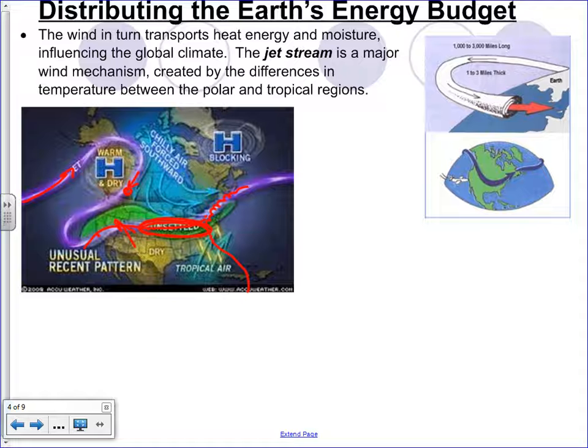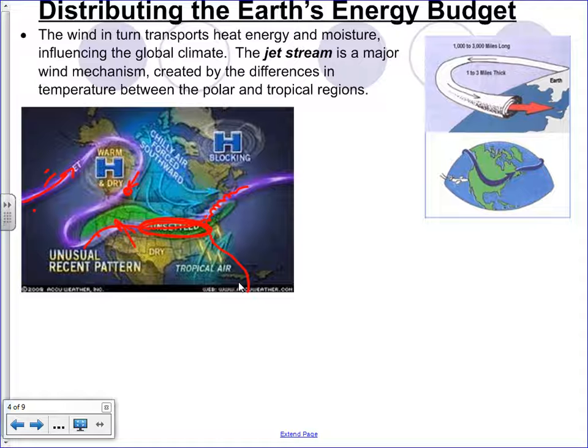So anyway, the jet stream, because of its wicked and almost unpredictable movements, can really cause exchanges of energy, because it's going from hot to cold and then back to hot, and it's always bringing these air masses with it. So it's a really important mechanism for transferring energy from equatorial to polar regions.